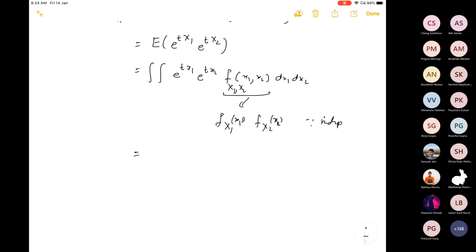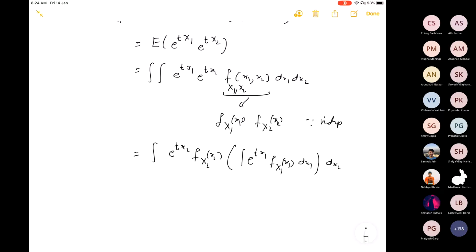Therefore this will be the integration of e raised to power t x2 f_x2(x2) times the integration of e raised to power t x1 f_x1(x1) dx1 dx2.